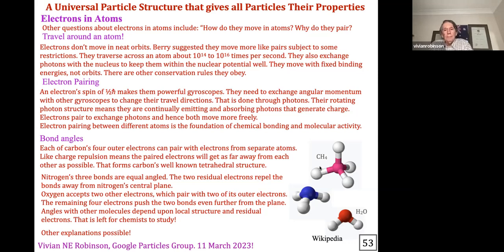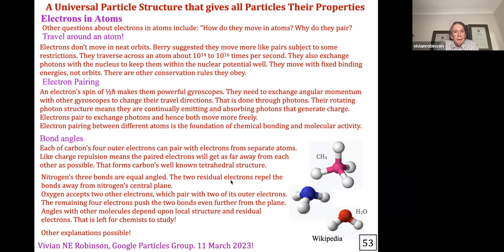These pairs get as far away from each other as possible, and that's what gives the tetrahedral structure. All of the bonds between all four angles on methane and on carbon generally are as far away from each other as possible.